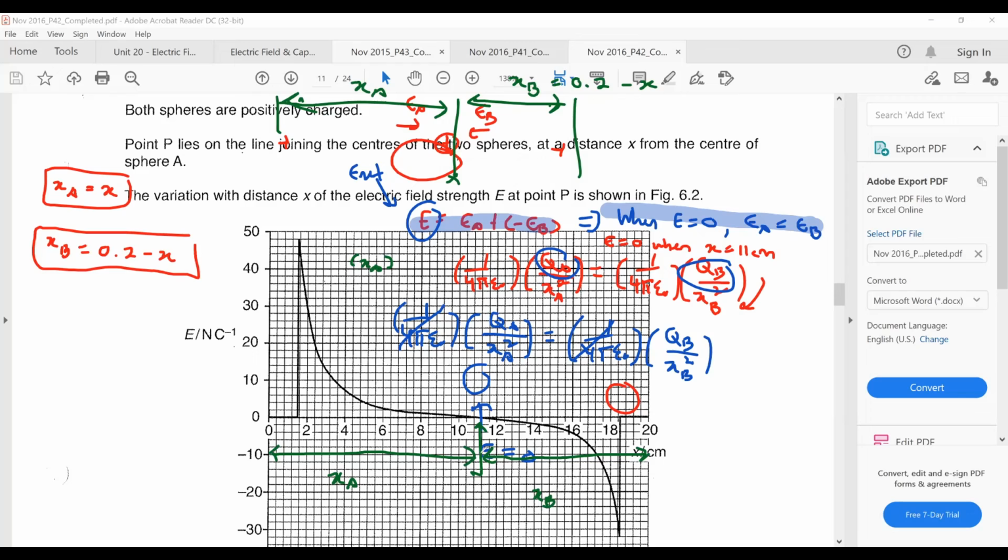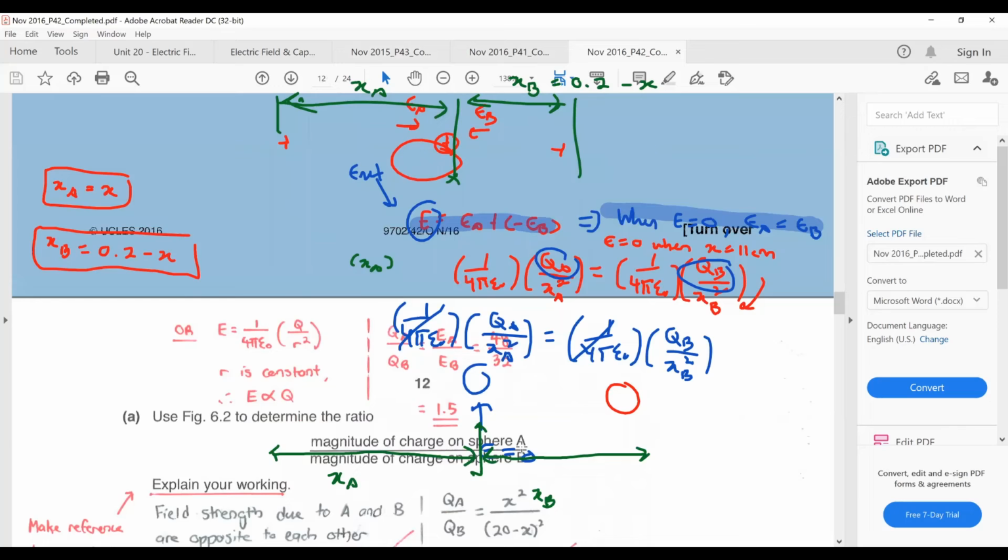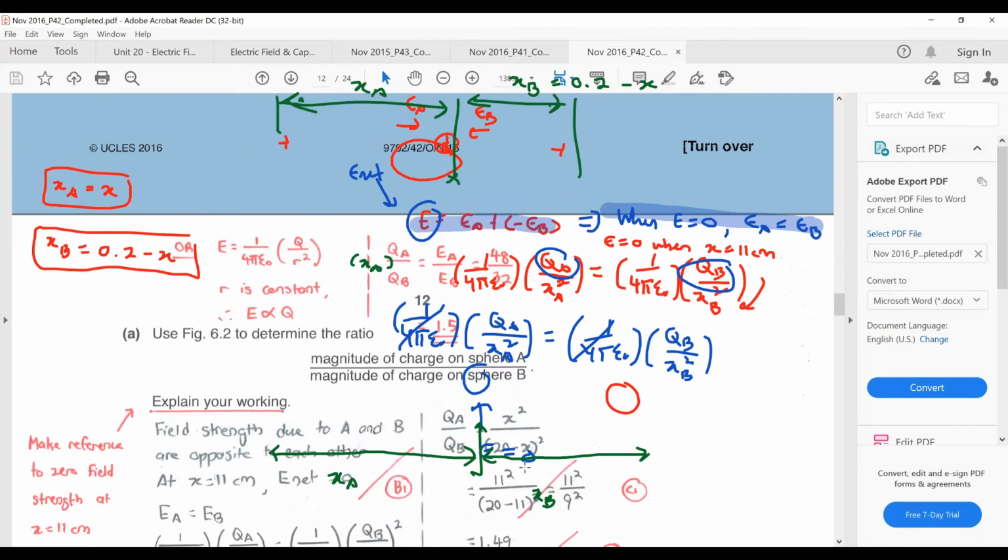XA is from here to here, XB is from here to here. XA is actually your x itself. XB is actually your 0.2 minus your x or your XA. So your workings will look like this.